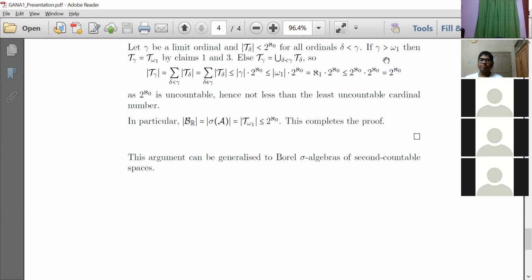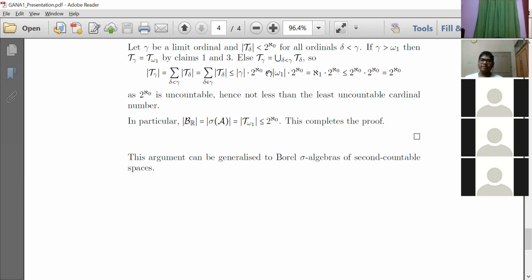If we have established that T of omega 1 is already the sigma algebra generated by A, and each of the T of alphas is contained in sigma of A, then if gamma is less than omega 1, T of gamma is contained in T of omega 1, which equals the sigma algebra generated by A.